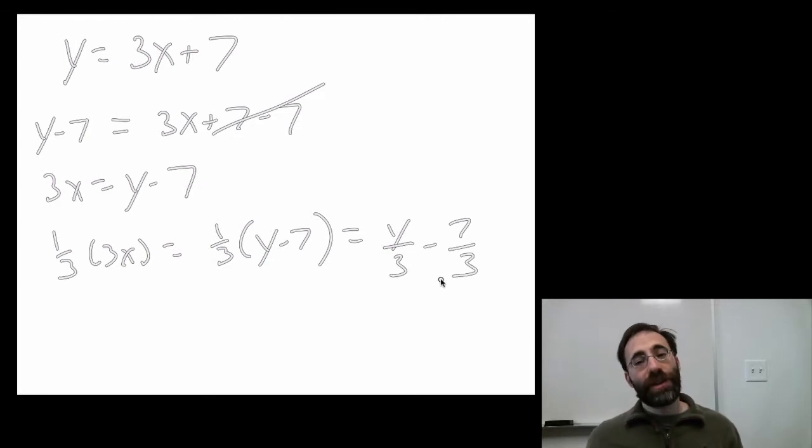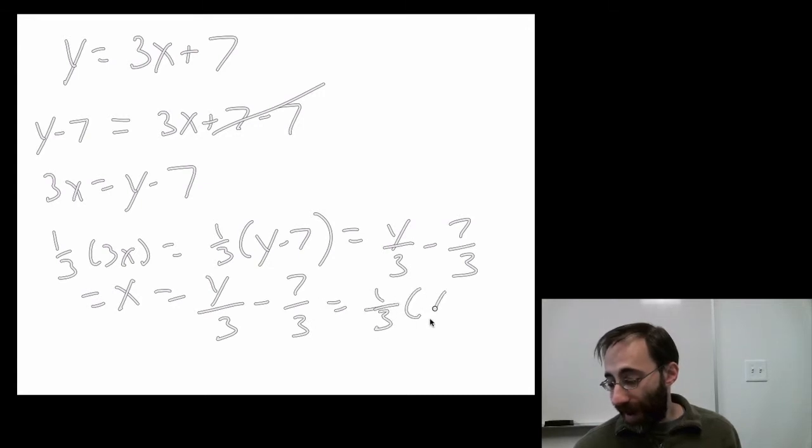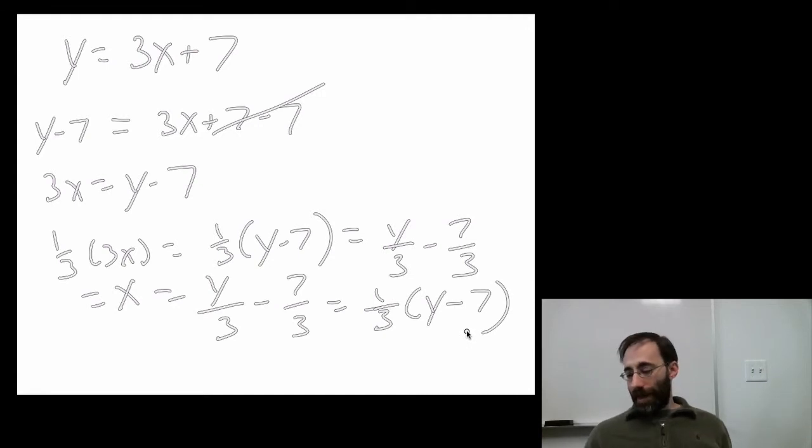Those are the same things because of the distributive property. This side, 1/3 times 3, by the associative property, is just x. So I have x equals y over 3 minus 7 over 3, or I could have written this factoring out the 1/3, like that.